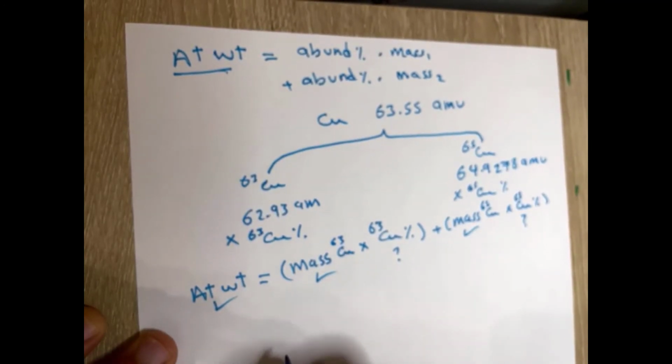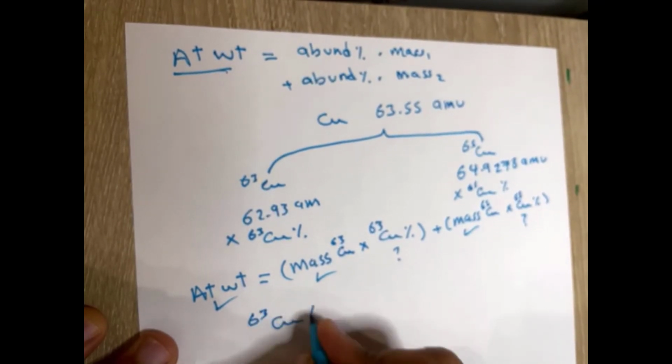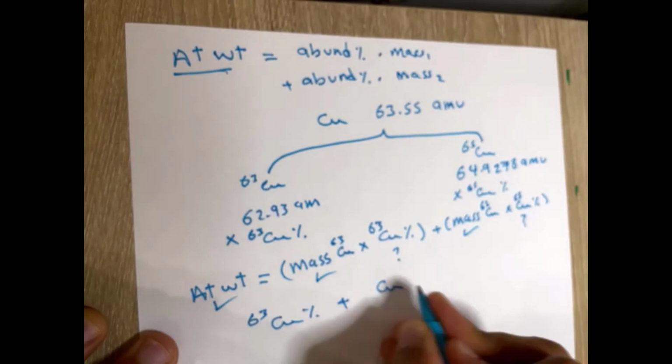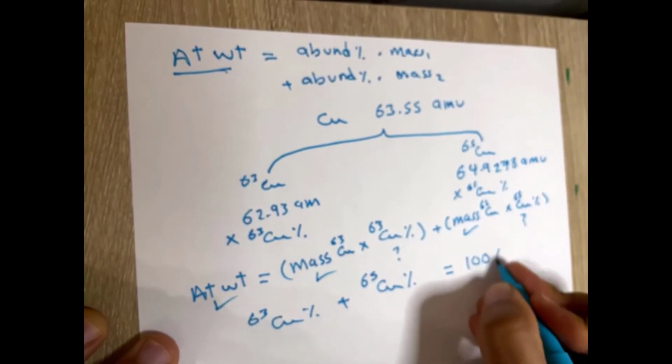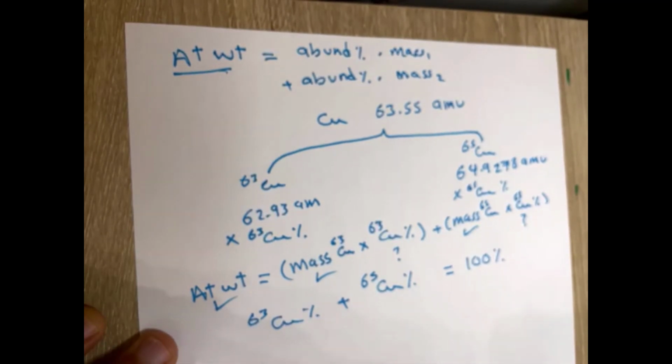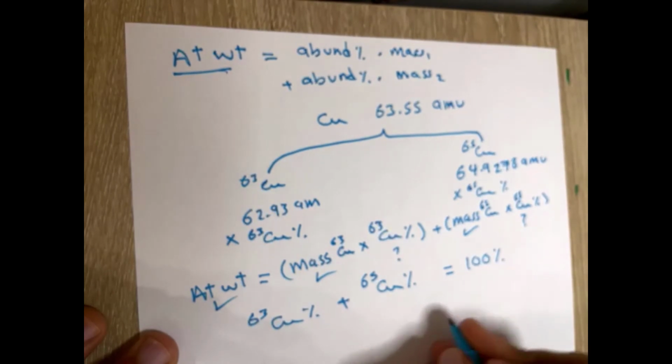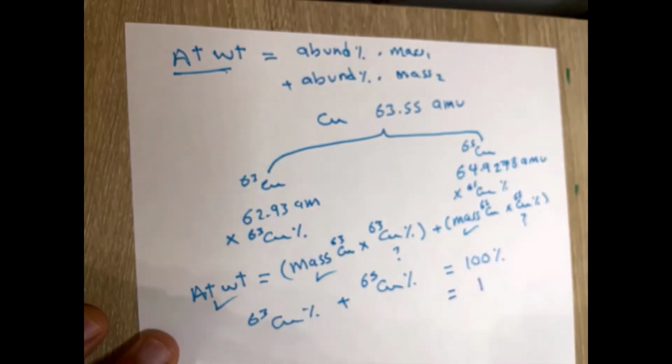We're going to use the fact that the abundance of isotope 63 plus the abundance of isotope 65 has to equal 100%, since those are the only two isotopes in the sample. Or if you express it in the fraction form, it's going to have to equal 1. So if we put isotope 65 as x, isotope 63 abundance plus x is going to equal 1.